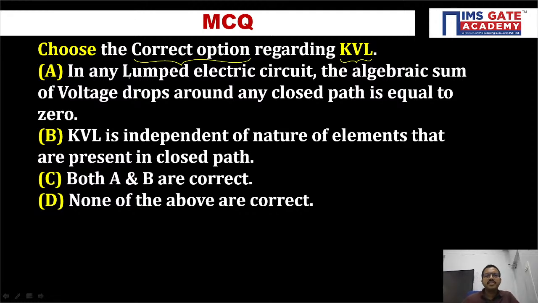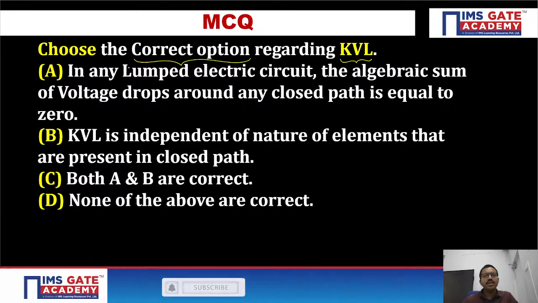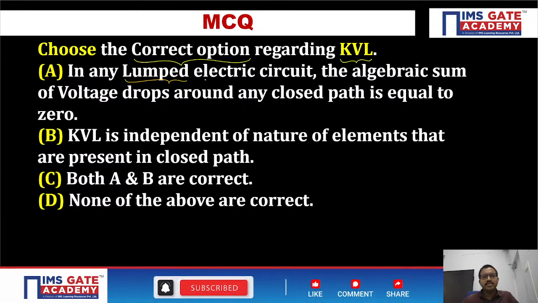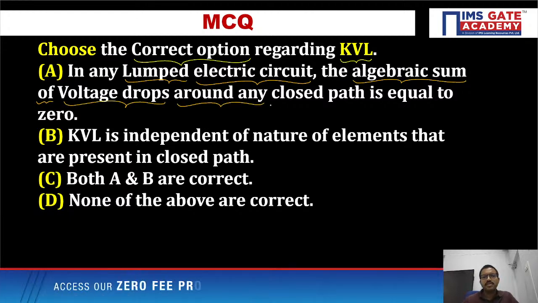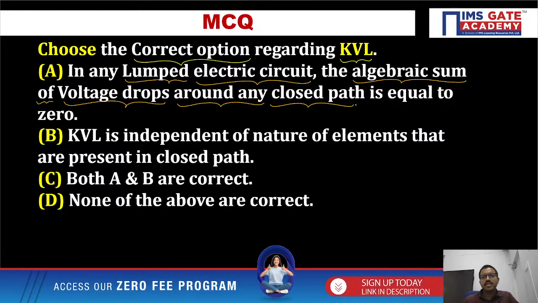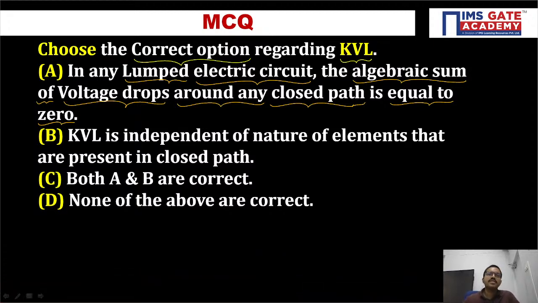Option A: in any lumped electric circuit, the algebraic sum of voltage drops around any closed path is equal to 0. Is the option A statement correct or not? All of you can mention in the chat.